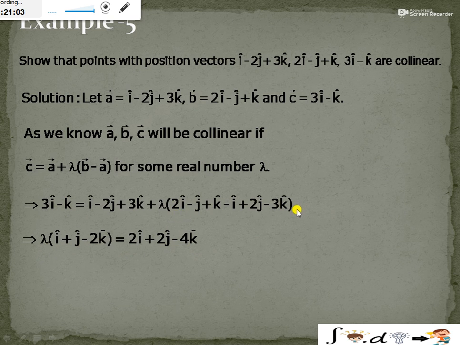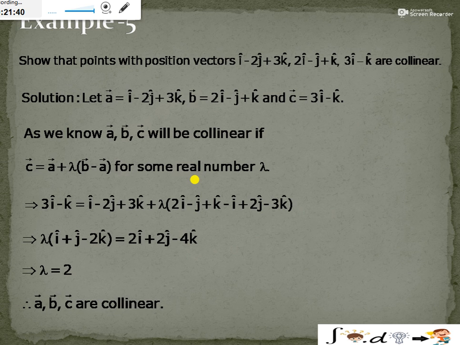I plus j minus 2k इसको simplify करके आया हमारे पास. अब यहाँ से हमारे पास जब इसमें से अगर हम 2 common लेते हैं तो it becomes 2 into I plus j minus 2k. तो lambda की value हमारे पास क्या होगी 2. ठीक है, it means ये दोनों हमारे पास सेम है, और lambda हमारे पास 2. That means vector C is equal to A vector plus lambda times B minus A vector for any real number lambda. ठीक है, it means the 3 points are collinear.